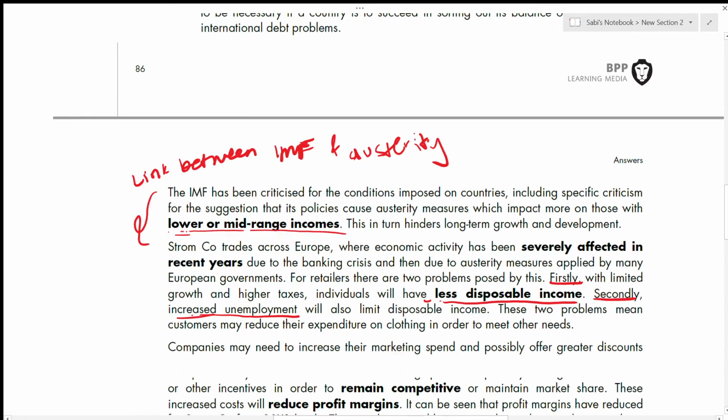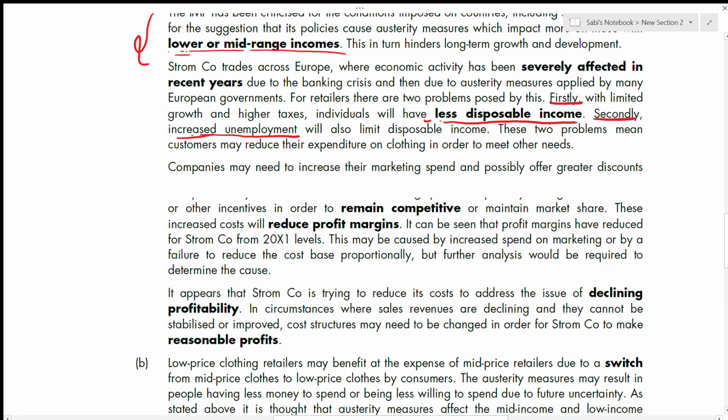This is for learning purposes, by the way, this part. This line they have given here, because they are giving you reasons how to overcome that issue, which was not asked. But for your learning purpose, you can just read it, because your question just asked you to discuss the possible reasons how the austerity measures have impacted negatively.